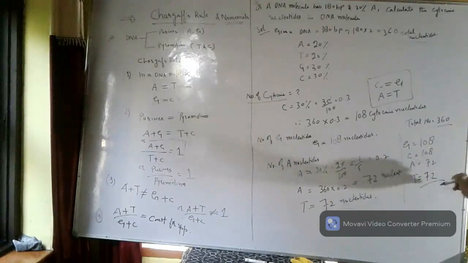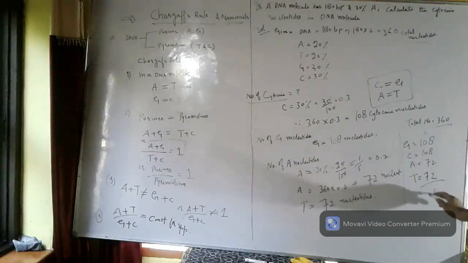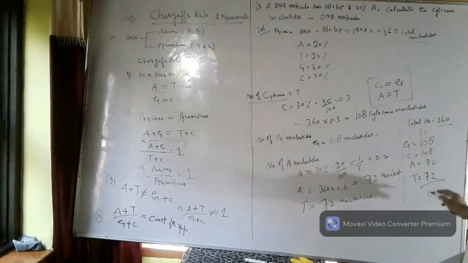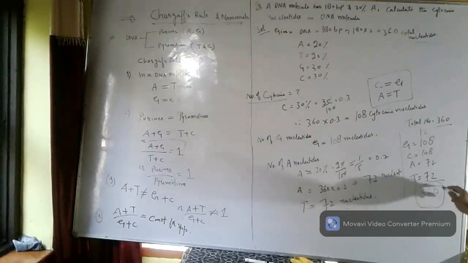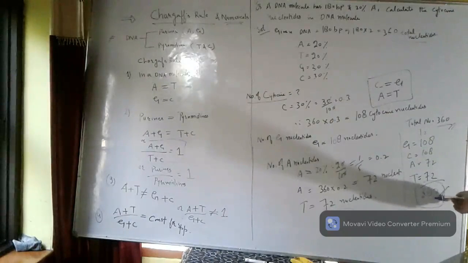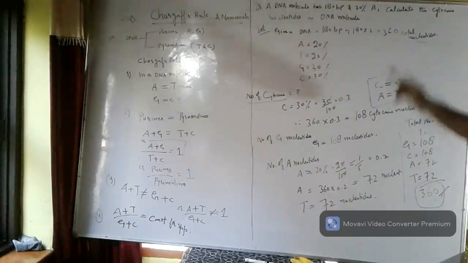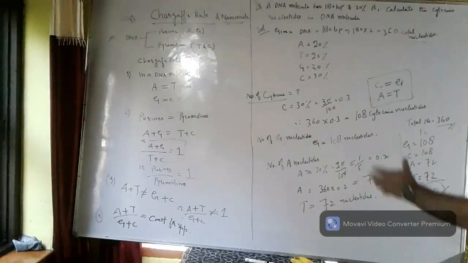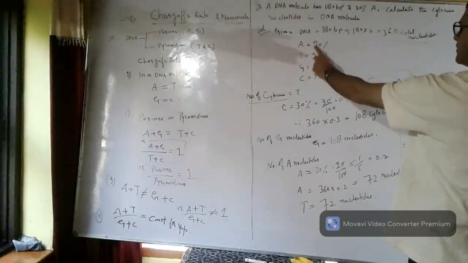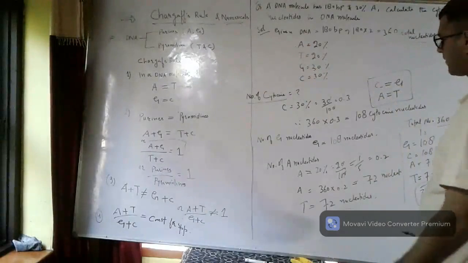The total is 360. So the amount of adenine is 20%, thymine 20%, guanine 30%, cytosine 30%.